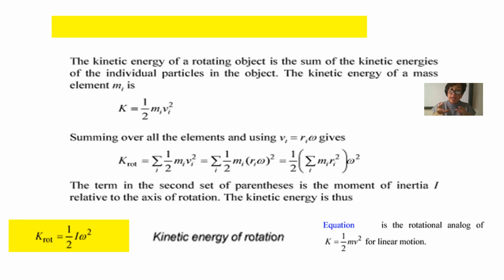And the kinetic energy of the mass element of the rigid body, here is the formula for the kinetic energy of the mass element. For all elements, the linear velocity is the radius multiplied by the angular velocity.